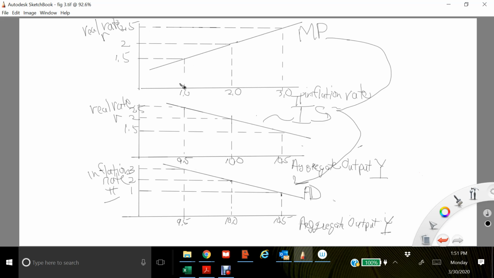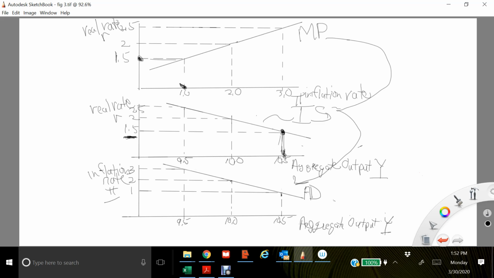Start with the inflation rate of 1%. The Fed is going to try and set a real rate of 1.5. Okay, so now we have a real rate of 1.5. Go over here on this IS curve. At a real rate of 1.5 here, equilibrium in the economy is going to occur when output is at 10.5 right here.